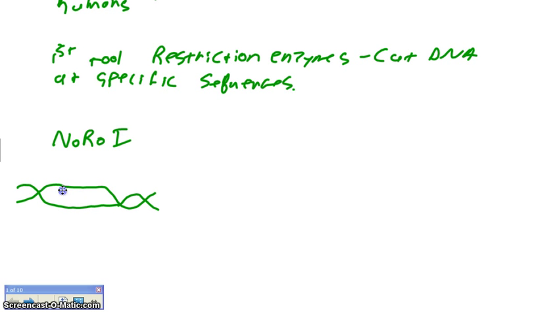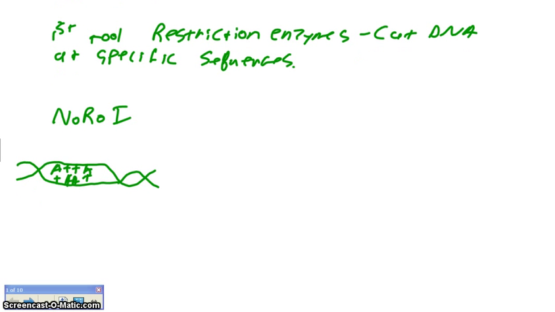So what it does is it'll clamp onto DNA and run down the sequence of DNA and look for this combination of letters, A, T, T, A. Of course the opposite of that is T, A, A, T. Once it finds that, it'll stop and cut, just like that.